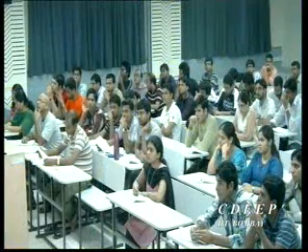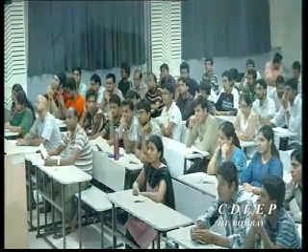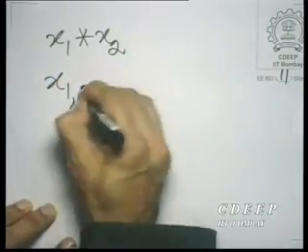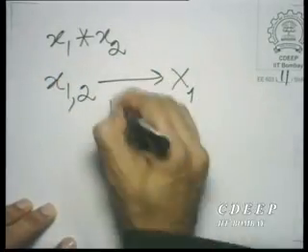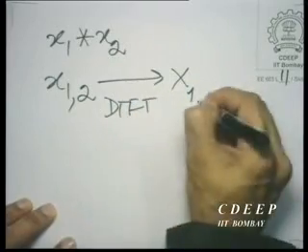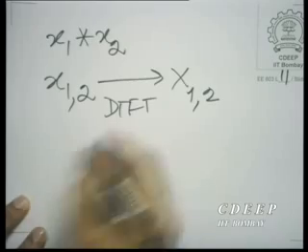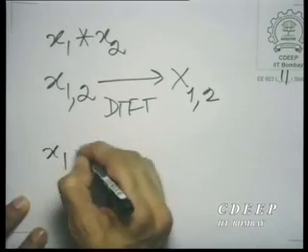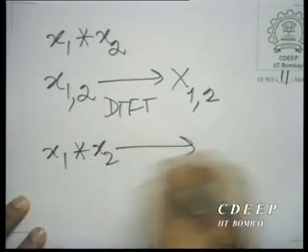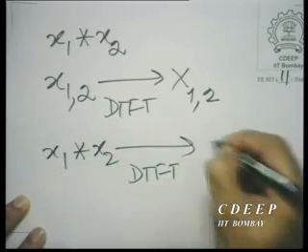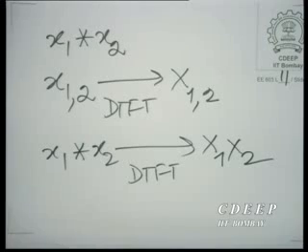Alright, so we showed that if x1 is convolved with x2, and if x1 and x2 respectively have the DTFTs capital X1 and capital X2, then x1 convolved with x2 has the DTFT X1 into X2. That is what we proved the last time.